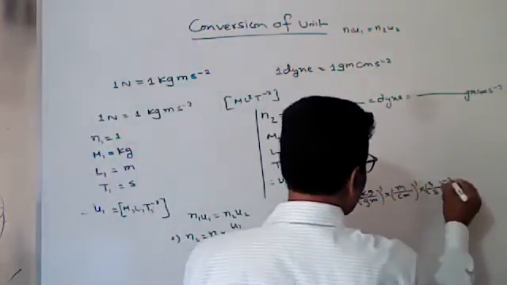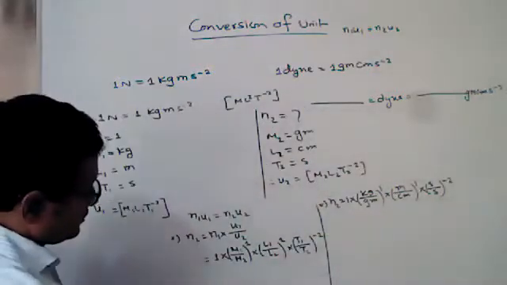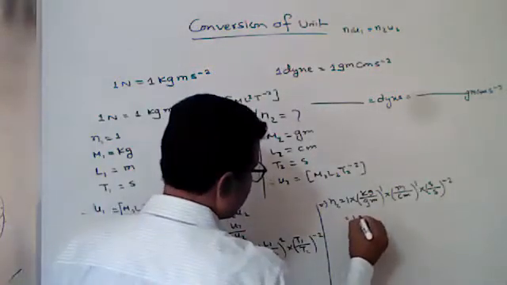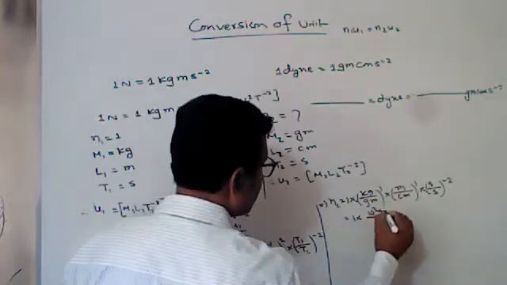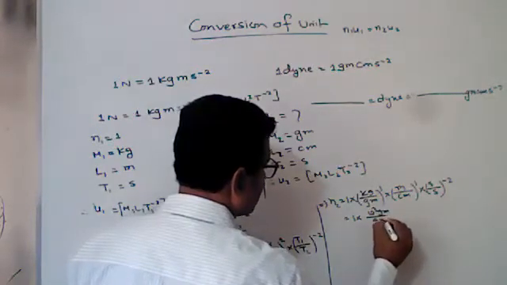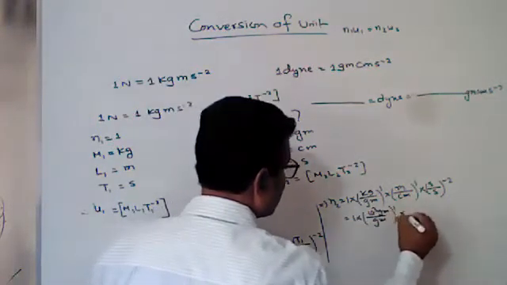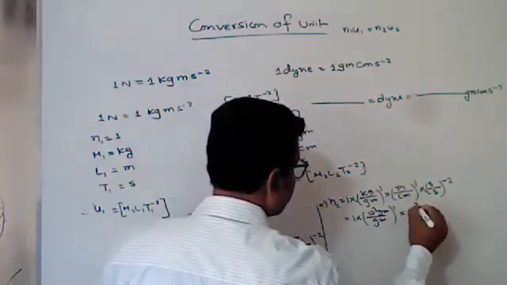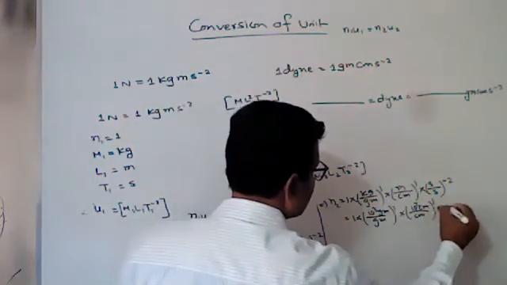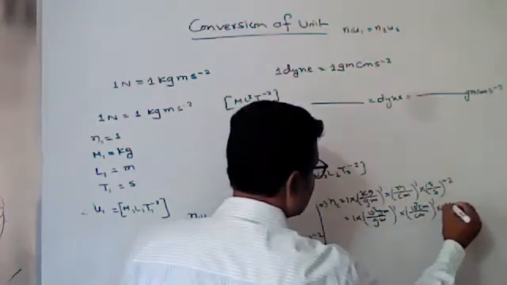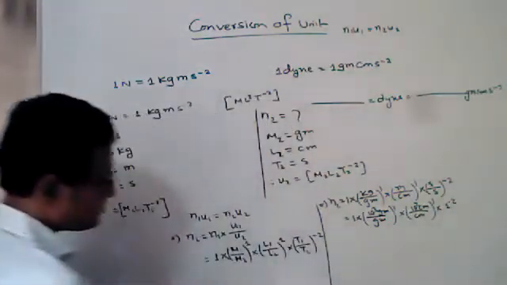Second power minus 2. So now we can write 1 kilogram is 10 to the power 3 gram, into gram power 1, 10 square centimeter by centimeter power 1, into 1 inverse 2.